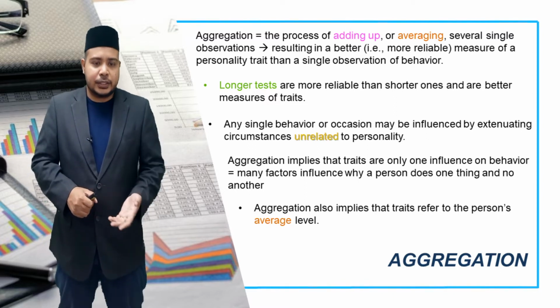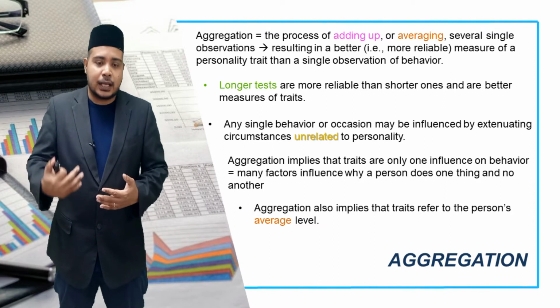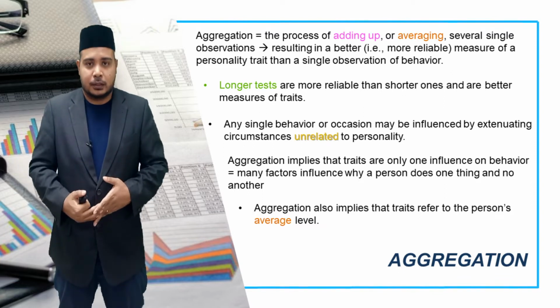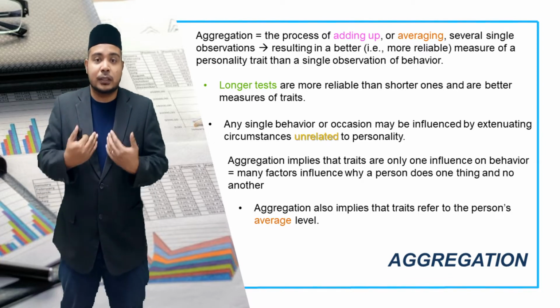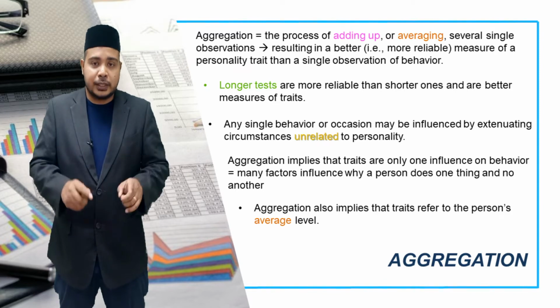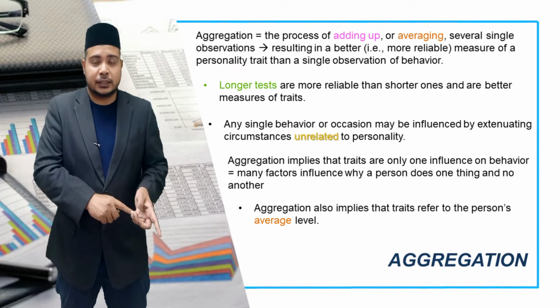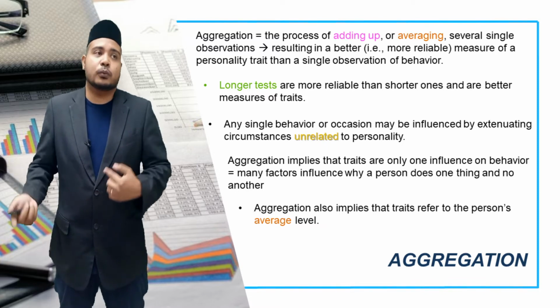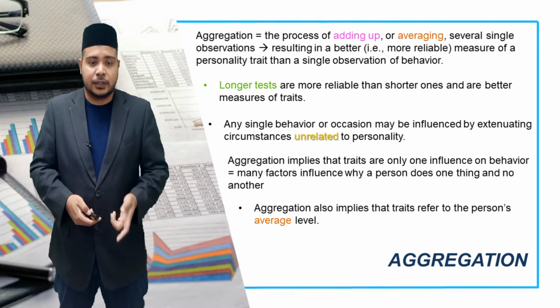Okay, aggregation implies that traits are only one influence on behavior. So basically trait is not the only reason why we behave in a certain way, but trait is one of the causal factors. There are many other factors that will influence someone's behavior.